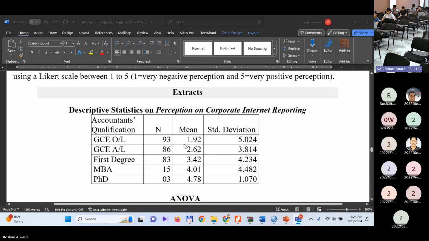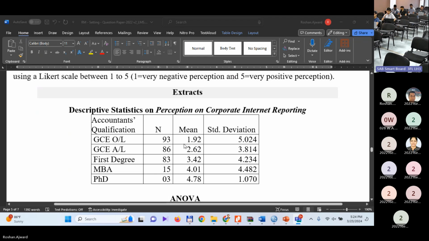Then GCA level, it has come up to 2.62. That's good. Then first degree, who is having first degree like you will be very soon getting that, that's 3.42. Then MBA 4.01. Then PhD 4.78. So what has happened? When their qualification level goes up, their intention or their likeliness for corporate internet reporting has gone up.